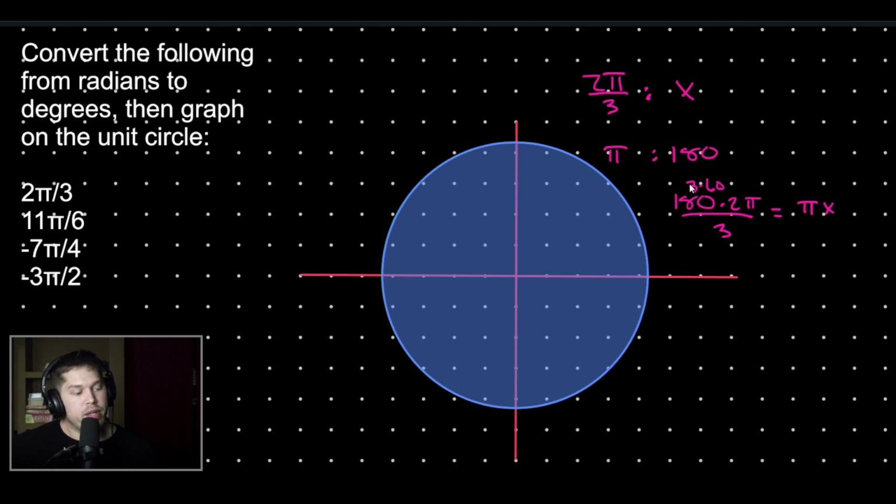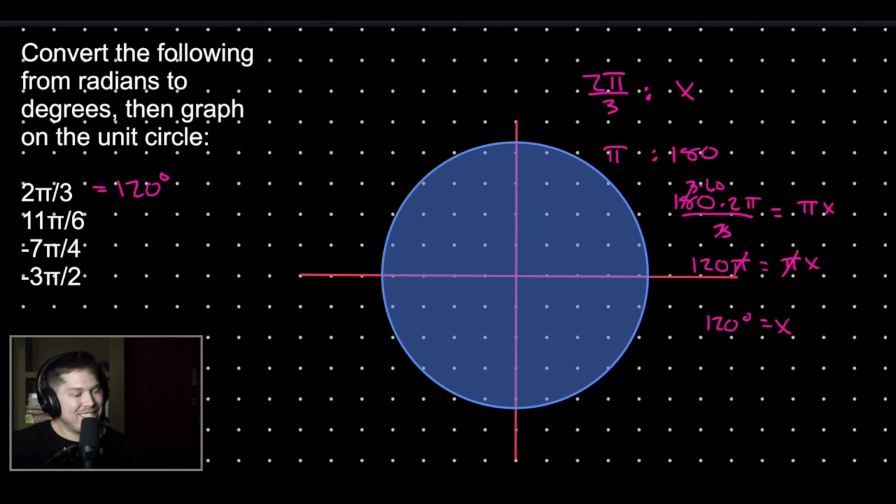So we can pull out a 3 and cancel it with the denominator. And then left in the numerator, we have 60 times 2, which is 120 pi. 120 pi is equal to pi times x. We divide both sides and the pi's cancel, leaving us 120 degrees is equal to x. So 2 pi over 3 is equivalent to 120 degrees.